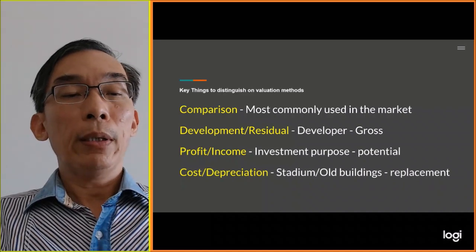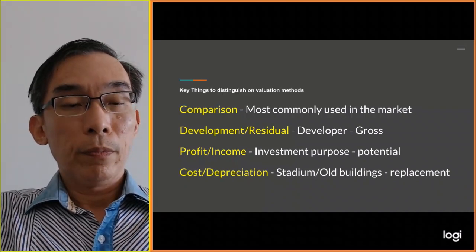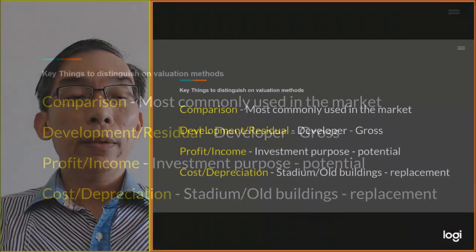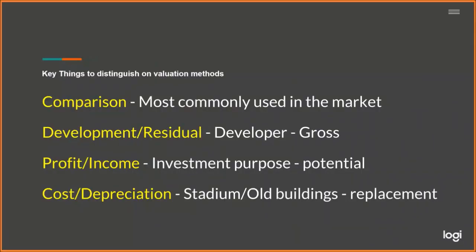So the comparison method, as I said just now, is commonly used in the market. The development method is like the developer's gross development value, and then you come up with the net, which is the land value. Then there is the profits method, for investment purposes, the potential of earning income.